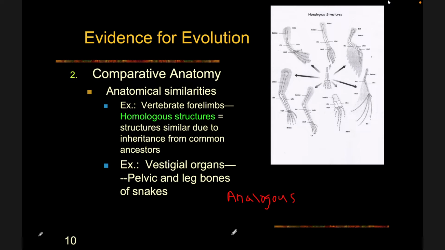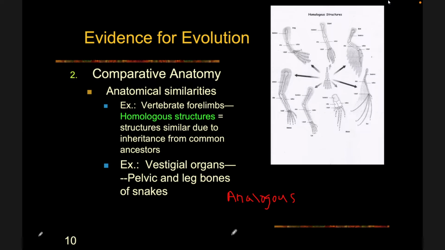They have the same function, and they have some convergent properties, because in order to fly, the wings have to have certain aerodynamic properties. And so there's been convergent evolution there, but what they're made out of is quite different. And so that is analogous, convergent evolution.